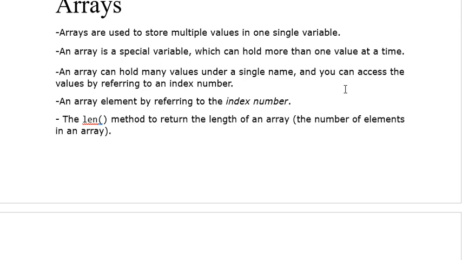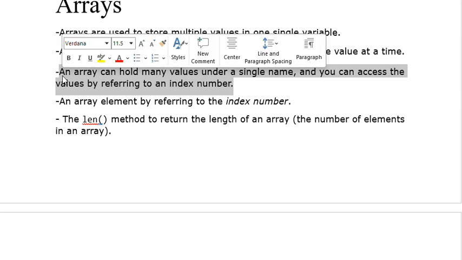And you can access the values by referring to an index number. This is the main point in arrays: multiple values can be stored using a single variable.